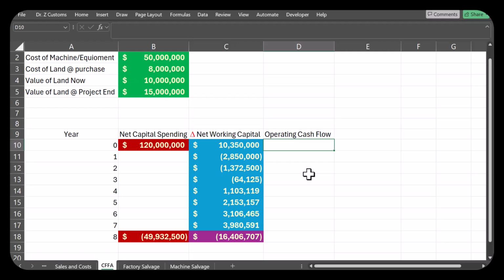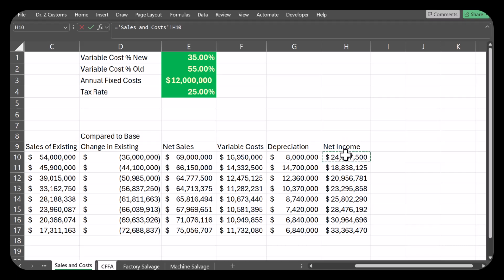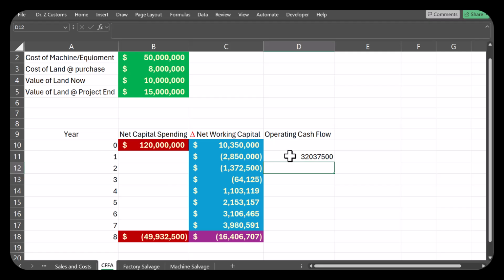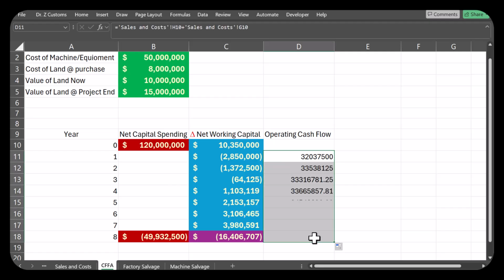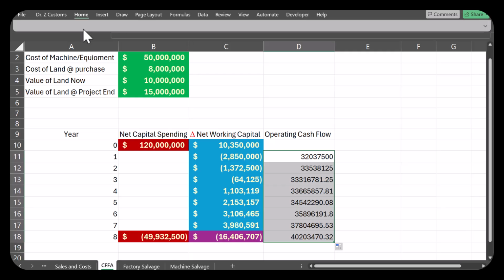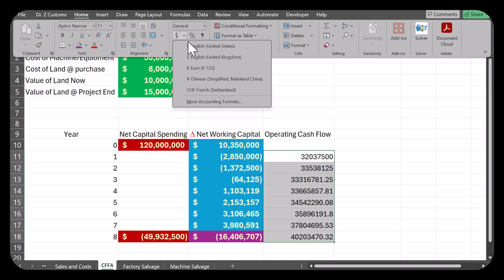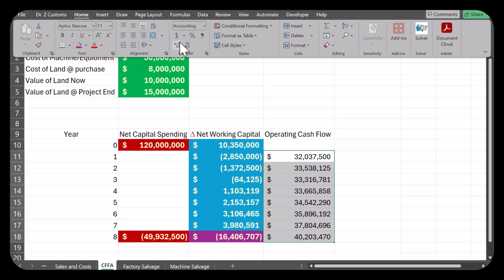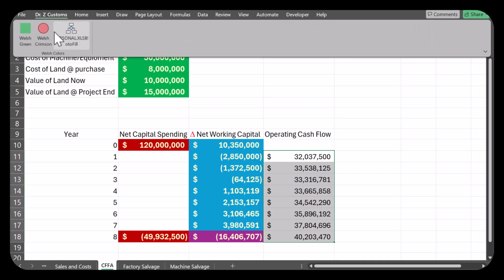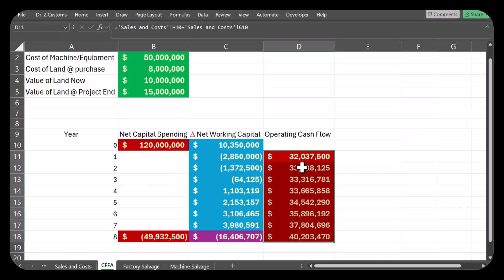Year zero, there is no operating cash flow. Net income plus depreciation. Dollar, boom, boom. I'm going to actually make this black and white.